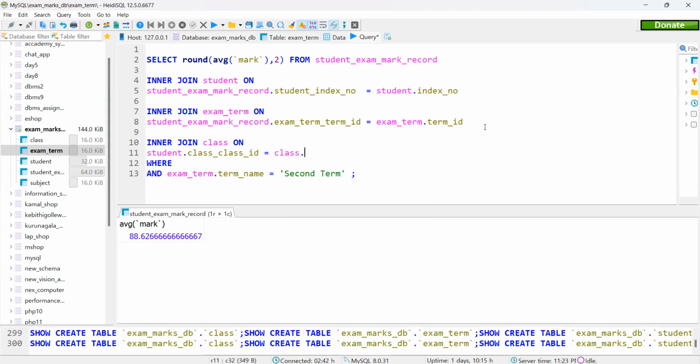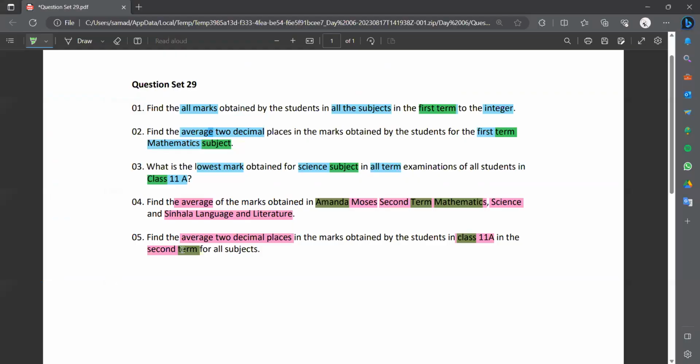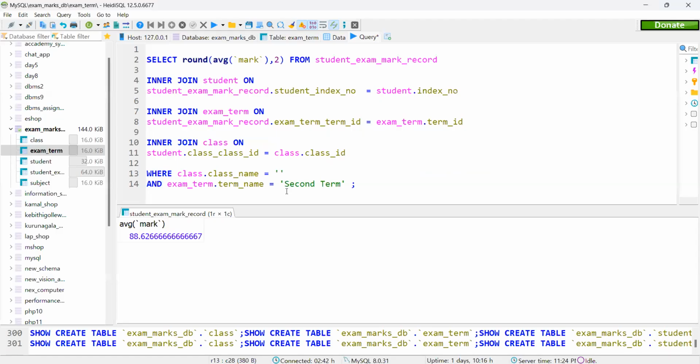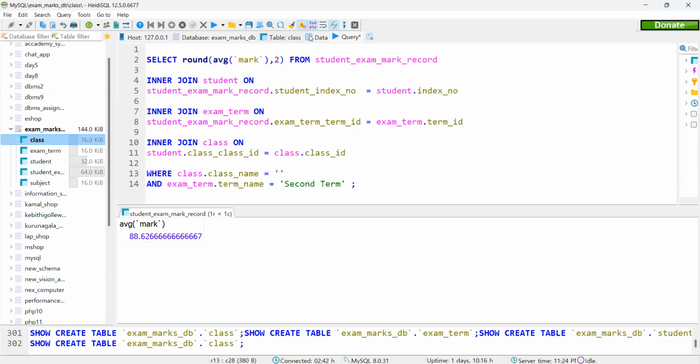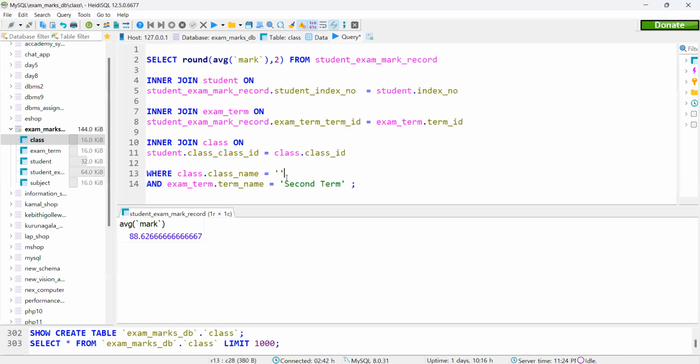And in the where command we say class name. Let's see the question again: second term and class level name. Second term, class name as level name.